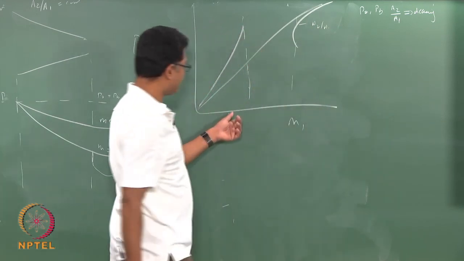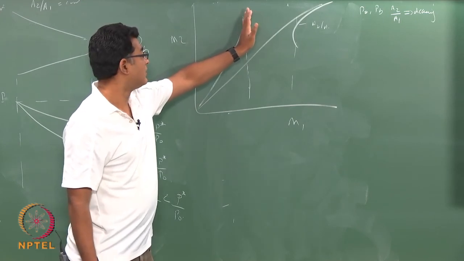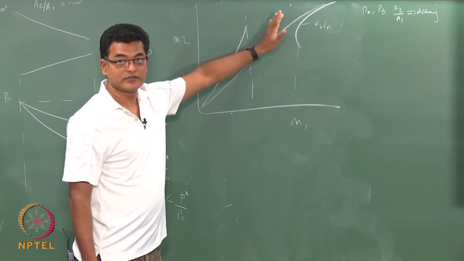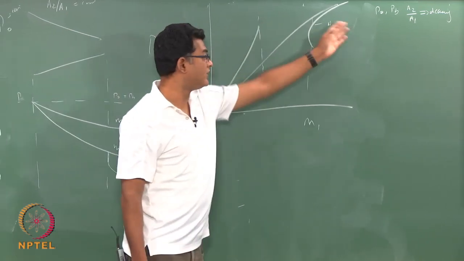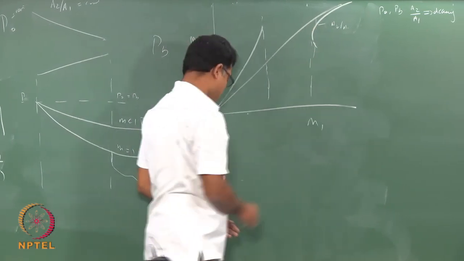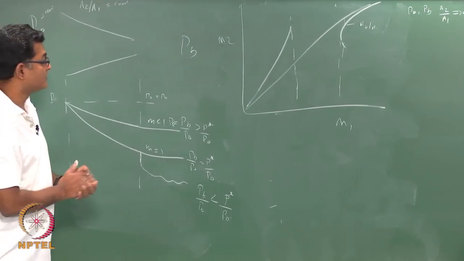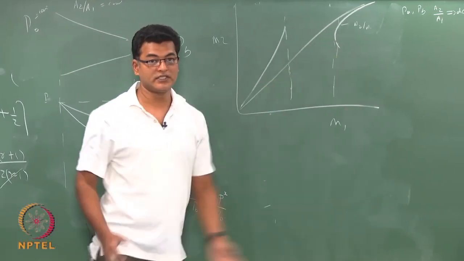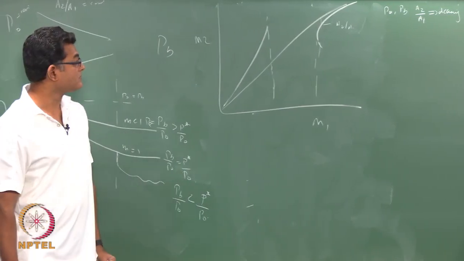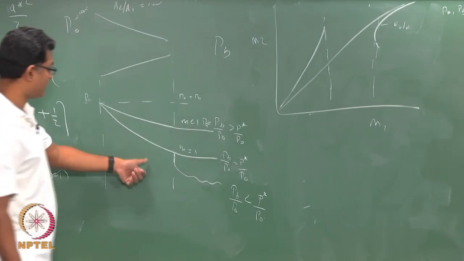For a steady flow of your M1, there is a minimum contraction ratio above which you are not going to have a solution. Likewise, if the flow is supersonic, there is a minimum M1 or a maximum contraction ratio with which you are not going to have a solution. So we will discuss those scenarios in CD nozzles a little later on. For the time being, this is more important.